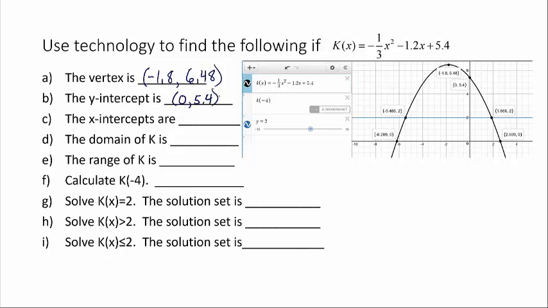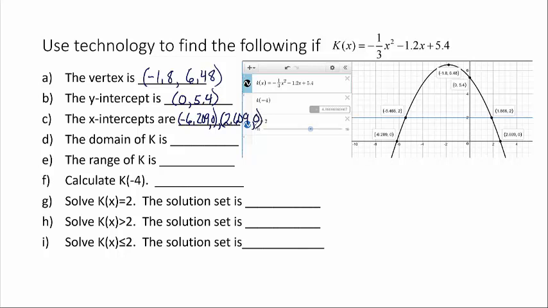And what are the x-intercepts? -6.2090. And what's the other one? 2.6090? I'm out of room there, huh?